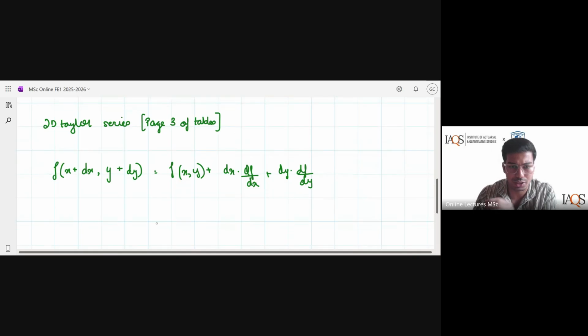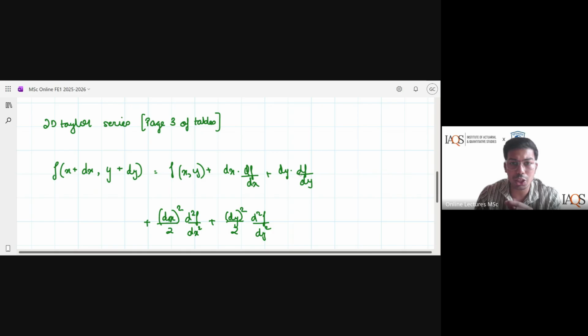factorial f double dash x. So here again it's h square, so I'll take both the variables: dx square by 2 times the second derivative of the function with respect to x, plus dy square by 2 times the second derivative of the function with respect to y.